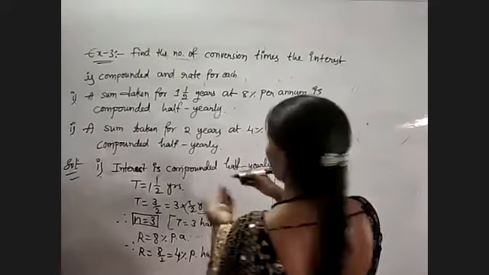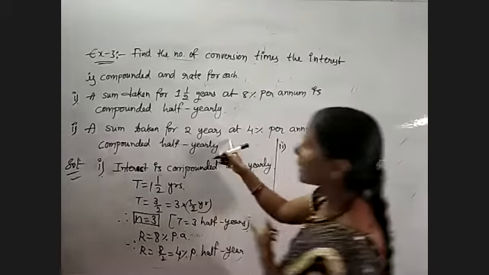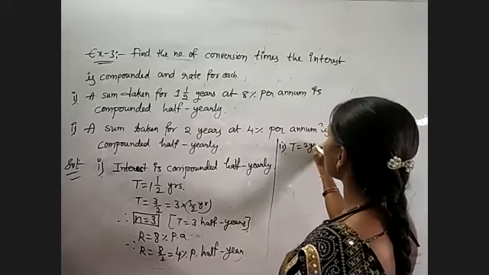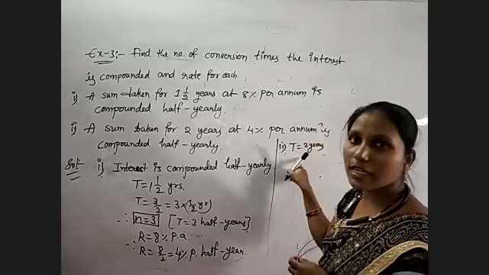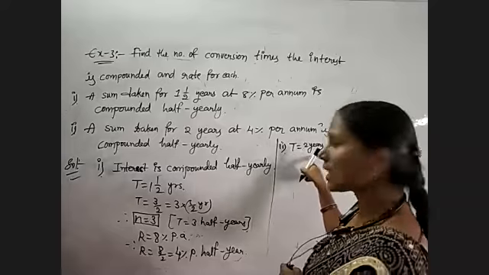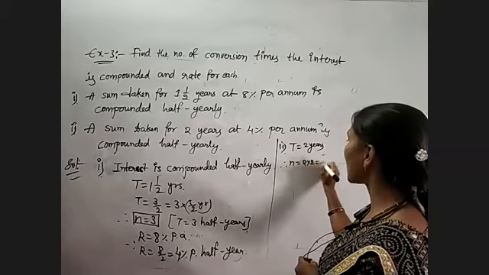And in the second case, the same thing we need to do. Given timing is 2 years, t is equal to 2 years, and we know that for 1 year the number of conversion periods is equal to 2. Here 2 years are there, therefore n will be equal to 2 into 2, which is nothing but 4.